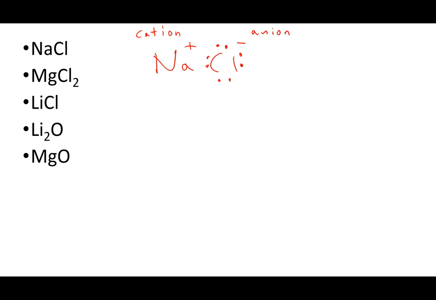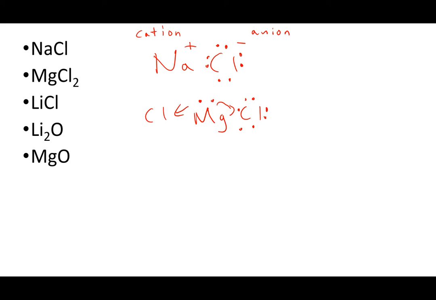Let's do MgCl2. When I have 3 elements, I'm going to put whatever I have one of in the middle, and the 2 chlorines to the side. Magnesium originally has 2 valence electrons, but it gives these valence electrons to each chlorine because chlorine has 7 valence electrons.